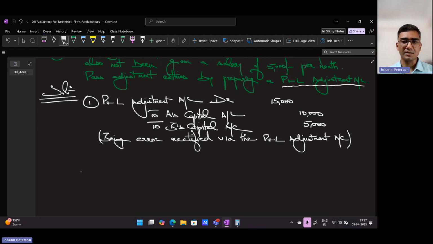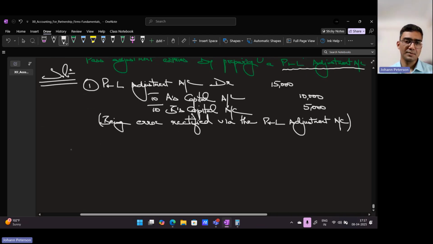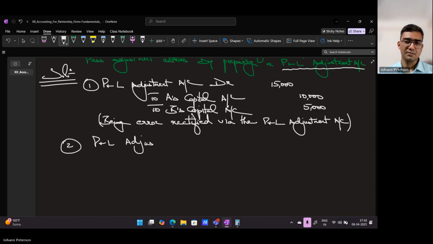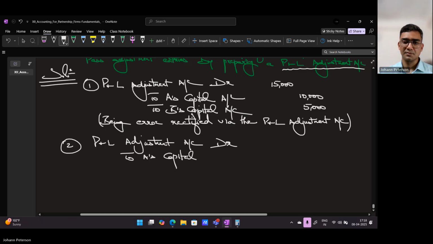Now I've not given them a salary. So again, P&L adjustment account debit to A's capital account and to B's capital account.